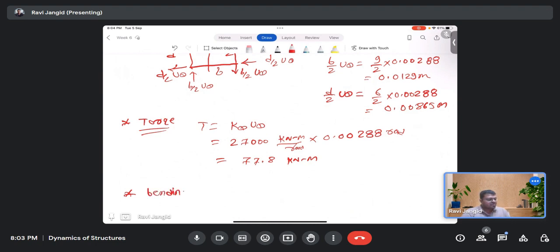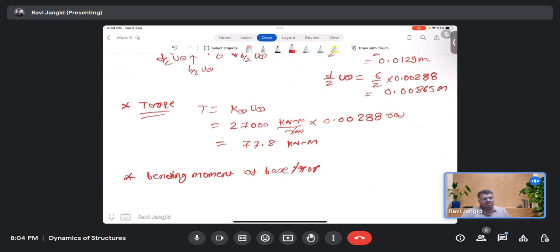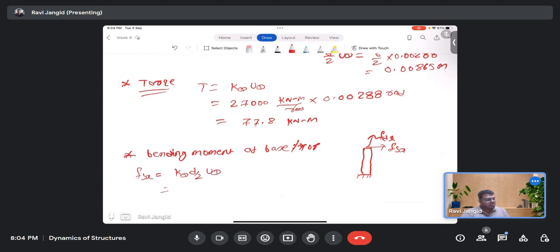Now we determine the bending moment. Bending moment at the base will be the same at the base and top. For this we first need to find out the force coming, Fsx and Fsy. So Fsx would be k theta into d by 2 into u theta. k theta is 27,000, d by 2 is 6 by 2, and 0.00288.